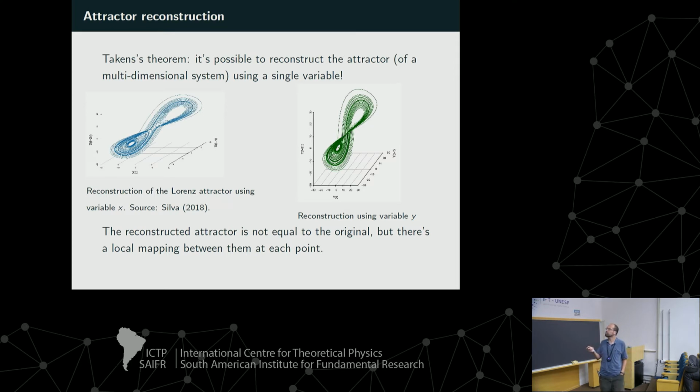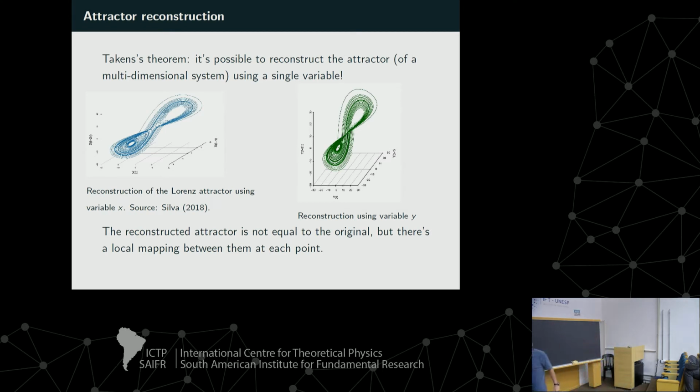So what I mean is, if you take a point here, there will be a corresponding point here, and you can map one onto the other. Well, I'm getting a bit ahead of myself, because what I just said is that each one of those maps into the original dynamical system.